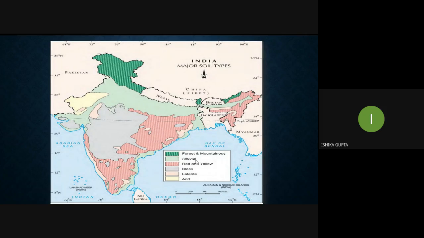Then we can see red and yellow soil is present in the eastern region, southeastern region, and a little in the eastern also. Next is black soil, which is present in the Deccan Trap, and for laterite soil, we can see that very little is there in our country, and patches of it are there. And next is arid soil, which is present in the western region, that is the desert area.